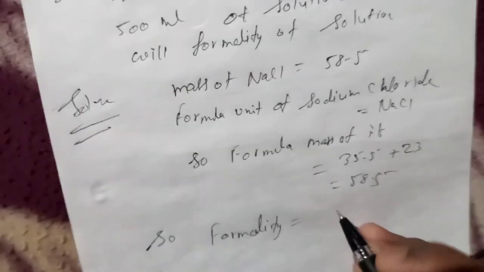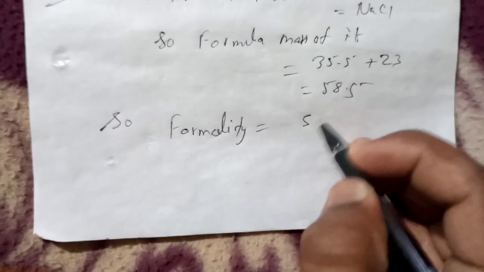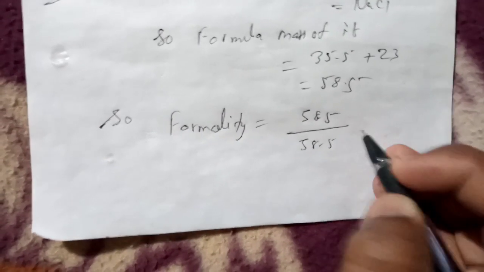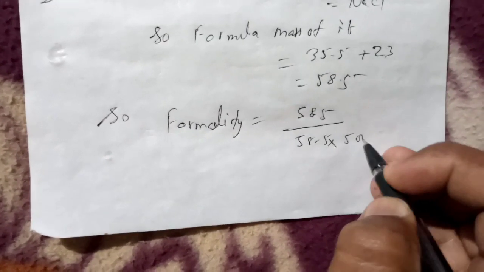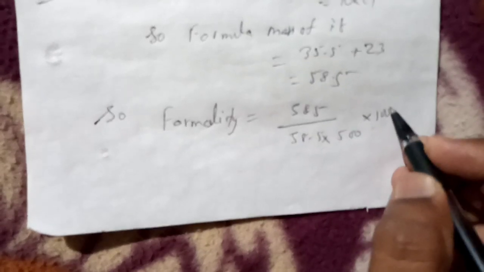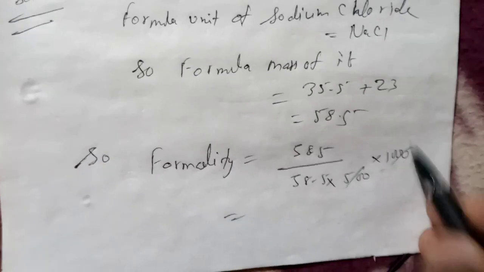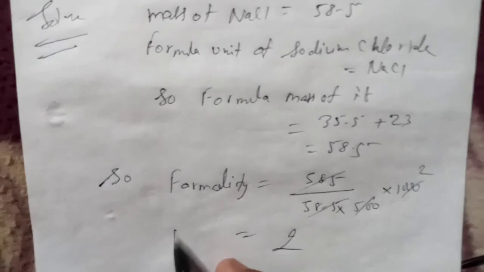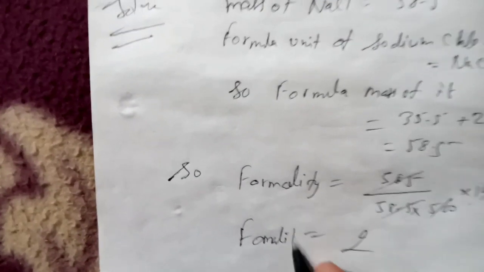Since given mass is 58.5 and gram formula mass is also 58.5 and volume is 500 ml, since it is in ml, we will have to divide by 1000 in 500 or multiply it by 1000 overall. So the formality of this solution will be 2.